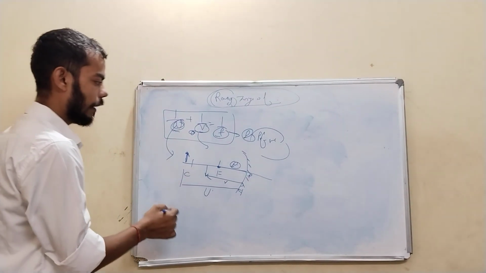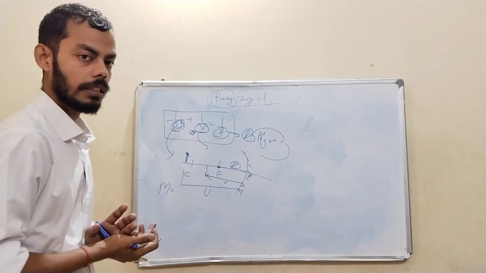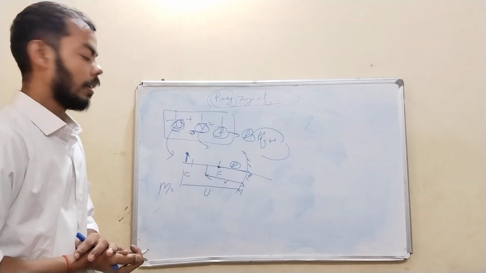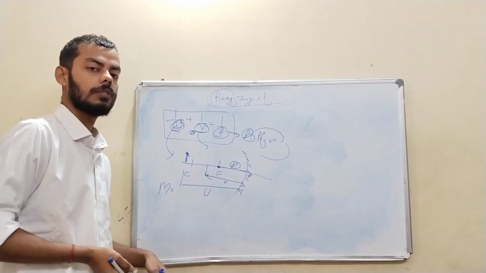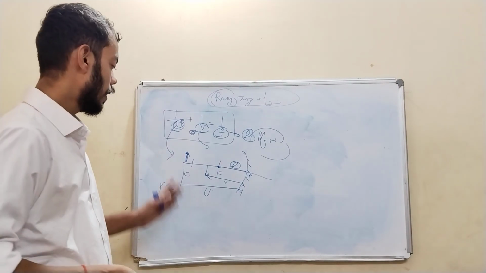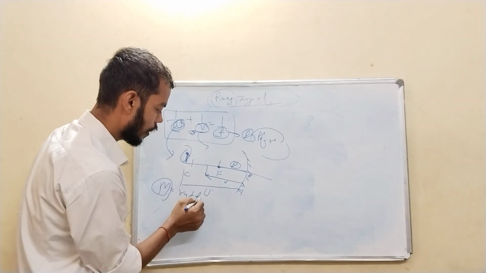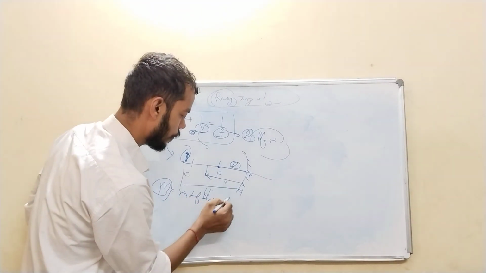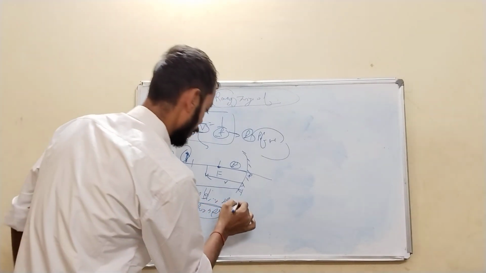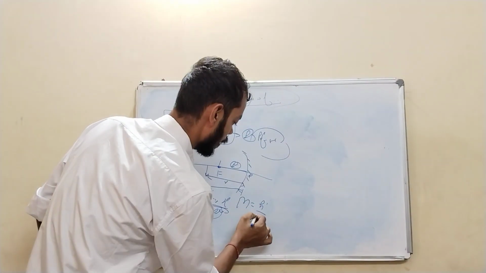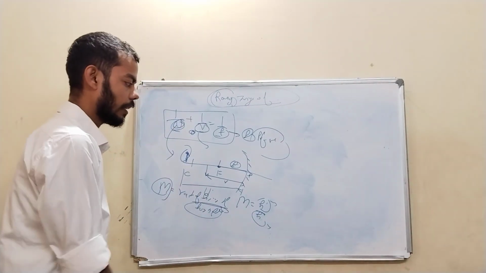Using this concept, we can define the magnification. First of all, what is magnification? Magnification is the index which tells how many times larger or how diminished the image formed is compared to the height of the object. So magnification is defined as the ratio of the height of the image to the height of the object, written as h dash over h, where h dash represents the height of the image and h represents the height of the object.